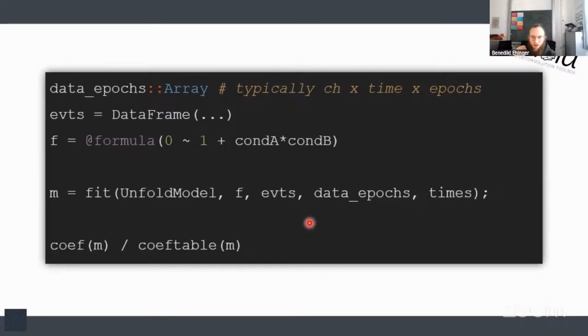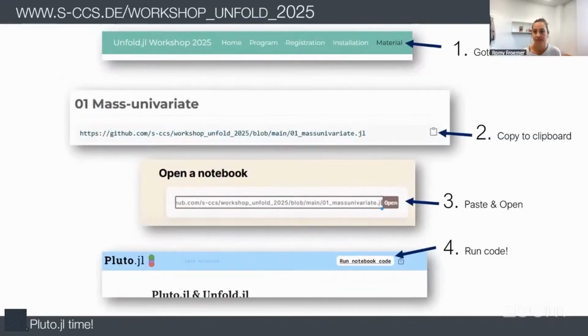Okay, how do you get to the exercise? What you need to do is something that I hope you already did before with the installation notebook. You need to go to our website, go to materials, then copy this first notebook to your clipboard. You need to have Pluto open and put it in this open a notebook file field.